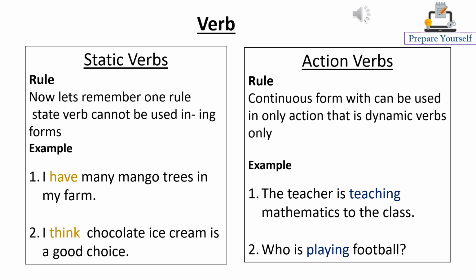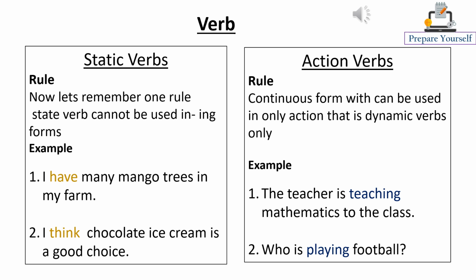Static words cannot be used with the ing form, that is continuous form, whereas action verbs use the ing form. With the examples given, we will try and understand what is ing form and what is simple form.